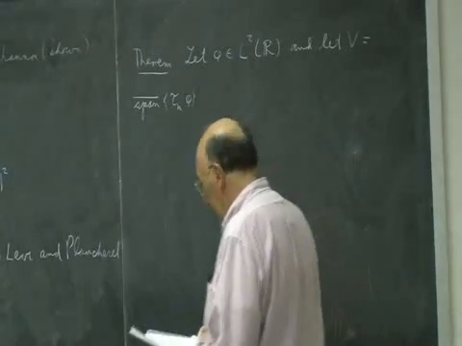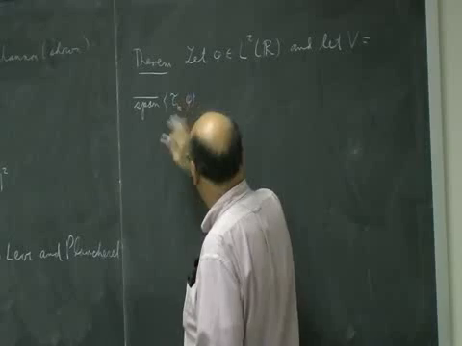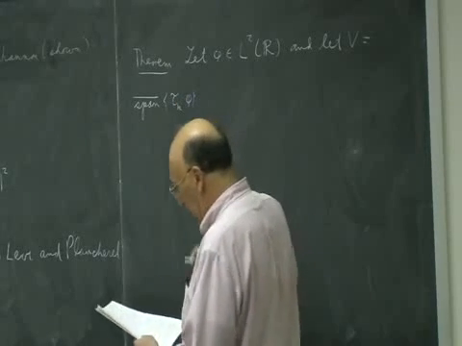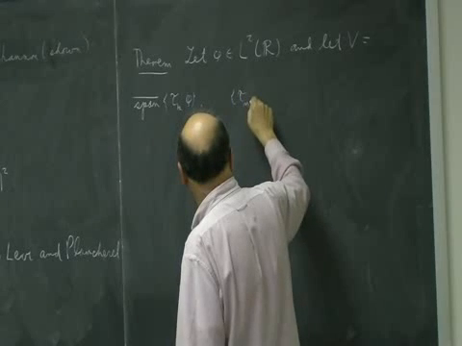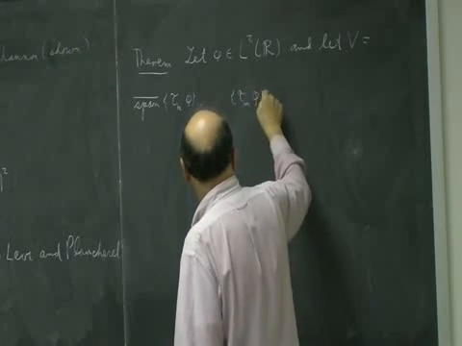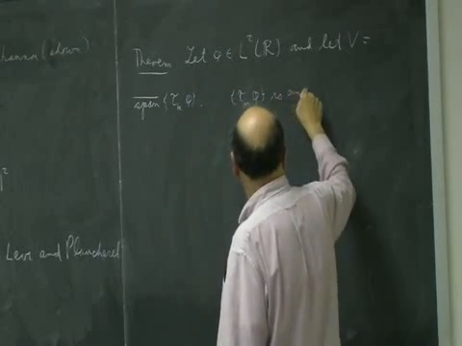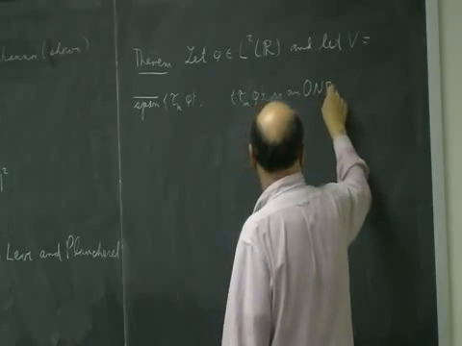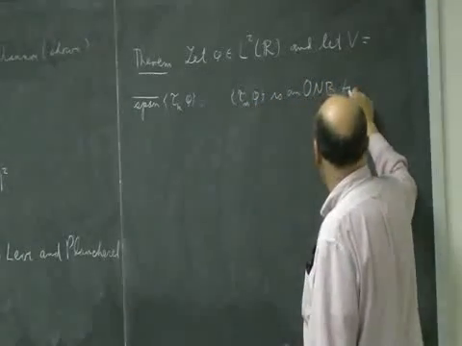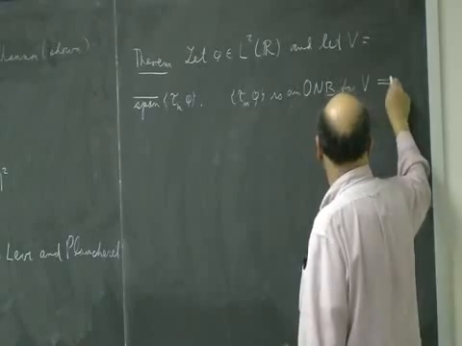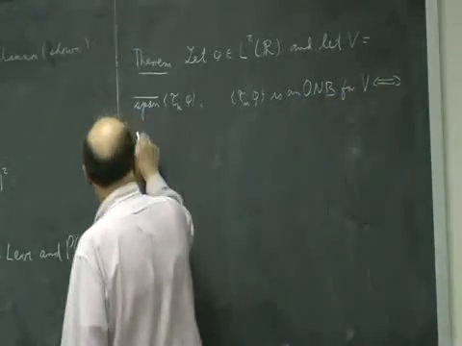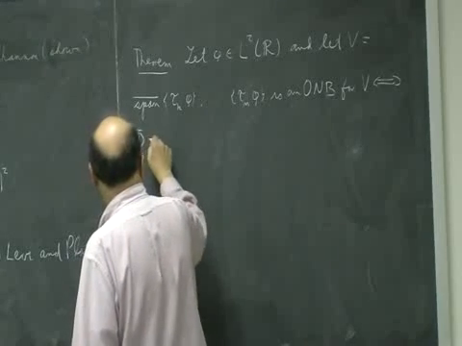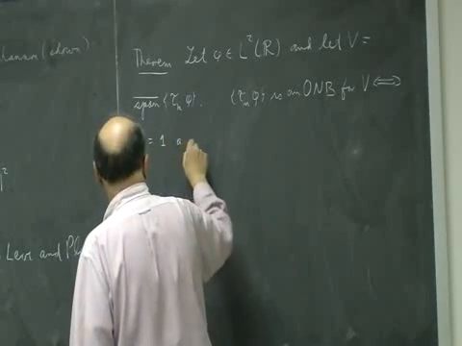So that's a closed subspace of L2 of R. Then, fact: tau n phi is an orthonormal basis for V if and only if the periodization of phi hat squared is equal to 1 almost everywhere.